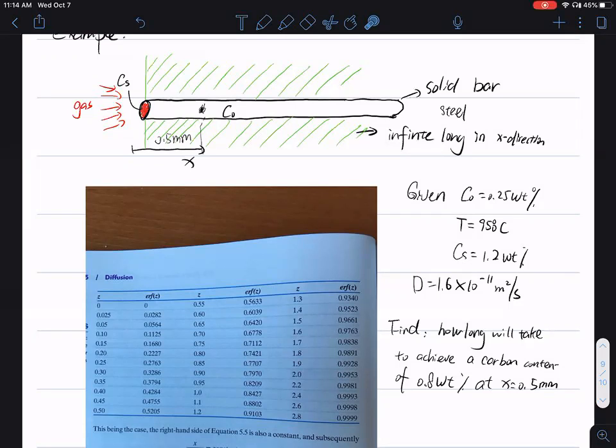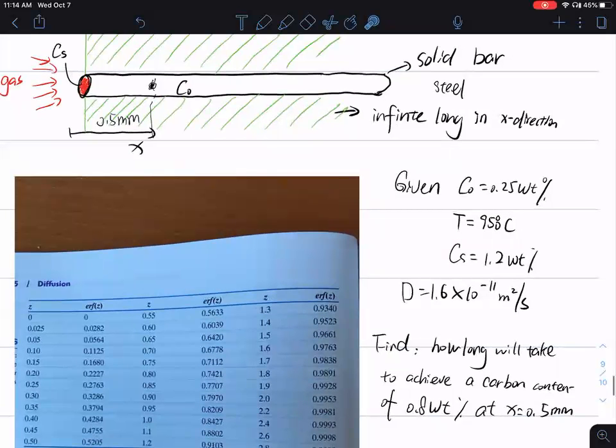Just give a guess, a wild guess. Anything. Days, 6 months. Any other answers? 2 years? Okay. All right, let's do the calculation to see how long it takes.